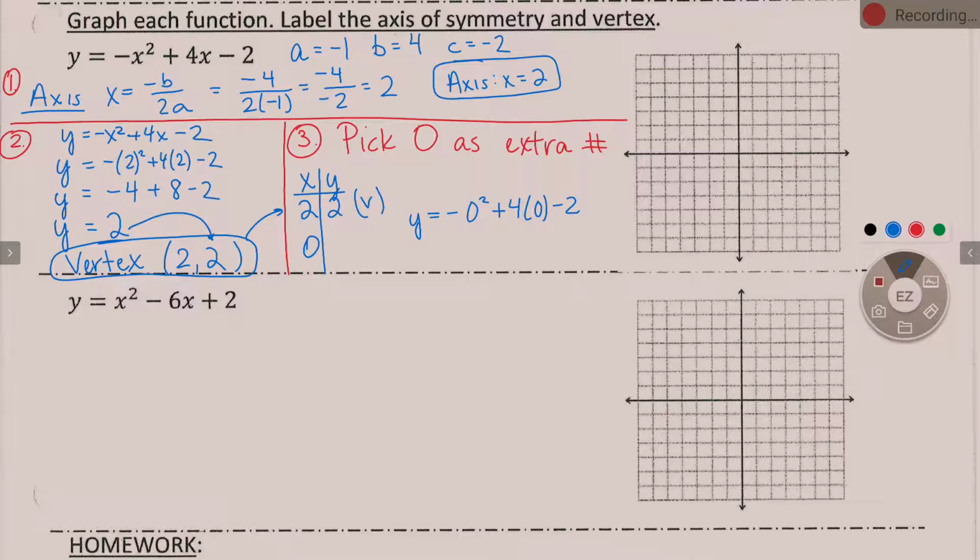I don't know about you, but that's pretty easy math. 0 squared is 0. 4 times 0 is 0. Minus 2? Negative 2. So now we have the ordered pair 0, negative 2.